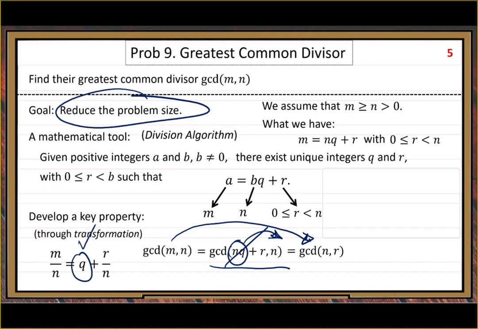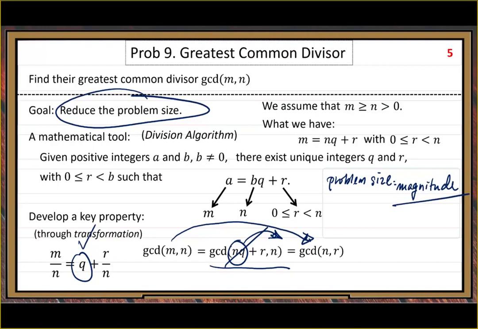Let me remind you, the problem size here has a slightly different meaning. Remember, I mentioned it before. The problem size in this question means the magnitude. How large is the number?